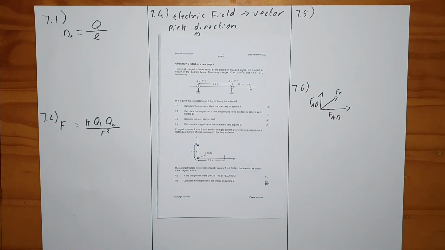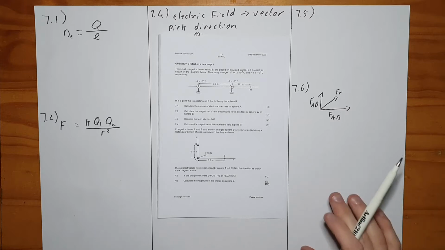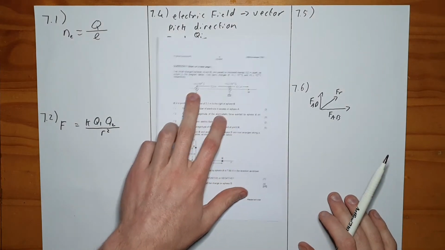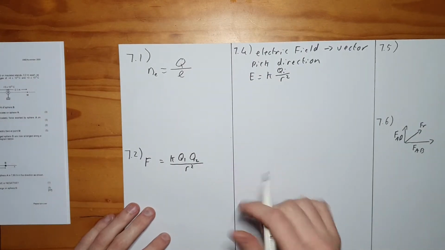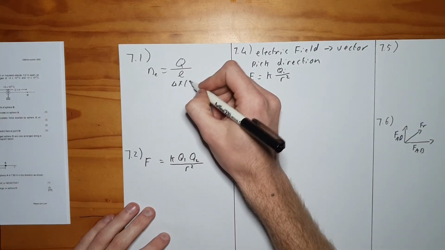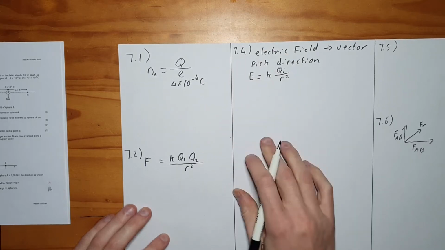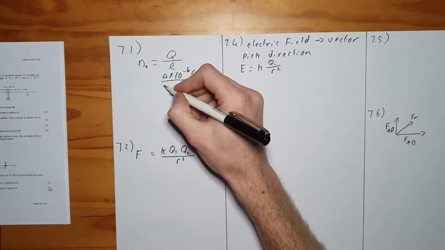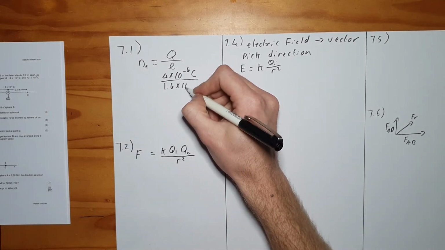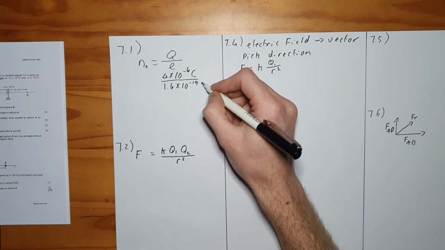So 7.1 says calculate the number of electrons in excess on sphere A. Remember, charge just tells us how many electrons have been added or removed from a sphere. Sphere A has a charge of 4 times 10 to the -6 coulombs, and now we need the charge of an electron, which is 1.6 times 10 to the -19 coulombs.